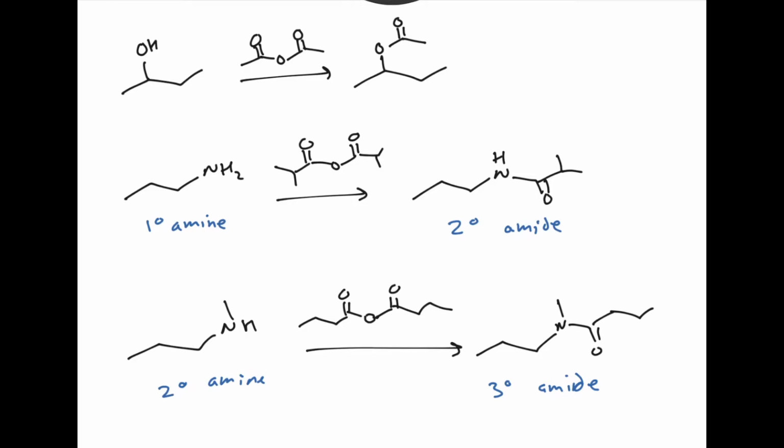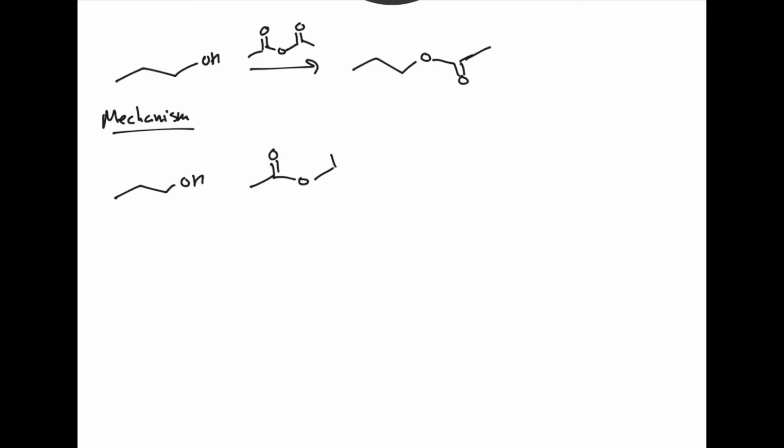Mechanistically, same thing we saw for the acid chlorides. We'll do the ester example. Same kind of thing that we did with the acid chloride, where our lone pair is going to add, push electrons up, but we're going to skip that charge structure.